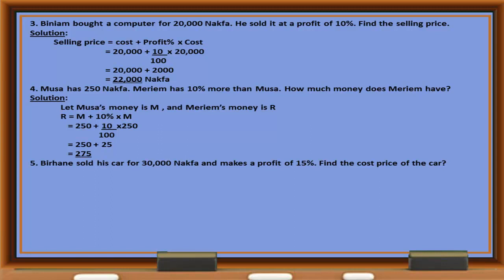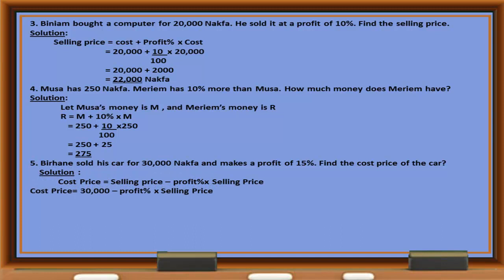Number 5, Burhan sold his car for 30,000 nafa and makes a profit of 15%. Find the cost price of the car. Solution. We should know that cost price equals selling price minus profit percent times selling price.